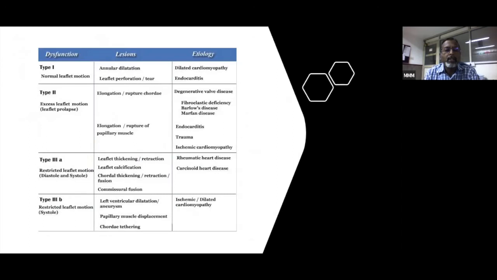Looking at some of the etiologies, type 1 may be due to dilated cardiomyopathy or endocarditis. Type 2 involves degenerative valvular disease, which is most common, and ischemic cardiomyopathy. Type 3A most commonly causes rheumatic heart disease, and type 3B is ischemic or dilated cardiomyopathy.